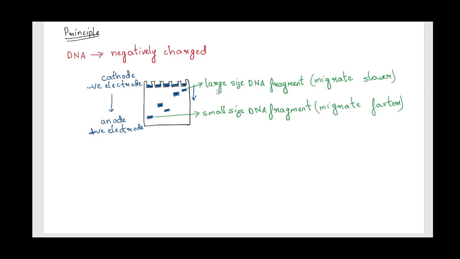The DNA molecules with large size, they migrate towards positive electrode a bit slow when compared to the small size DNA fragments. So they remain near the negative electrode. So this differential migration is the basis for their separation based on their sizes.